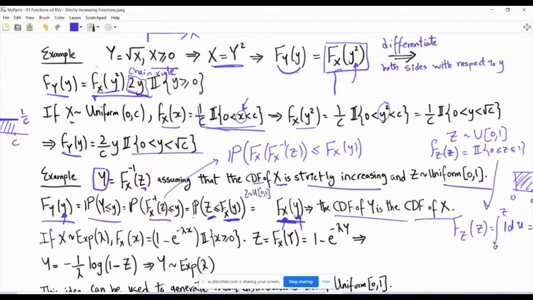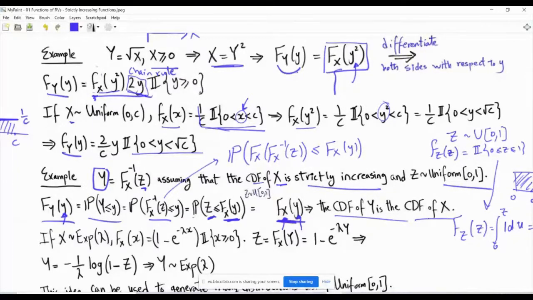So why is this useful? You can use this trick to generate random variables belonging to a certain distribution if you are able to generate uniform 0, 1 random variables.